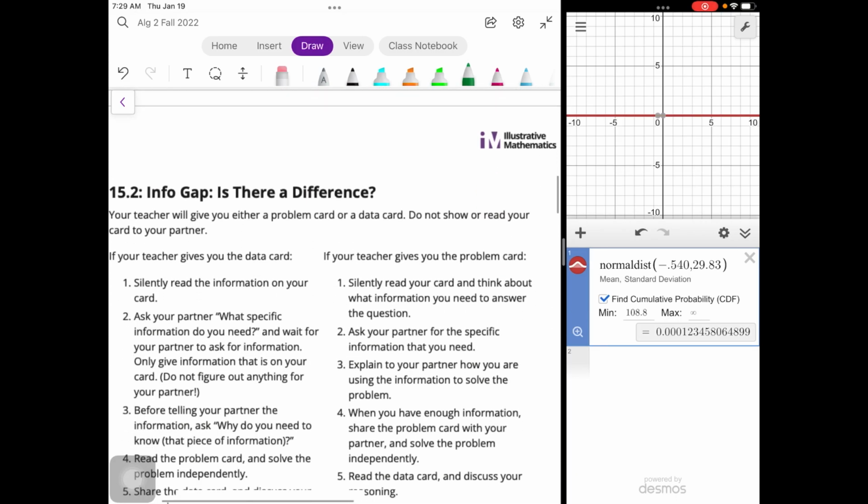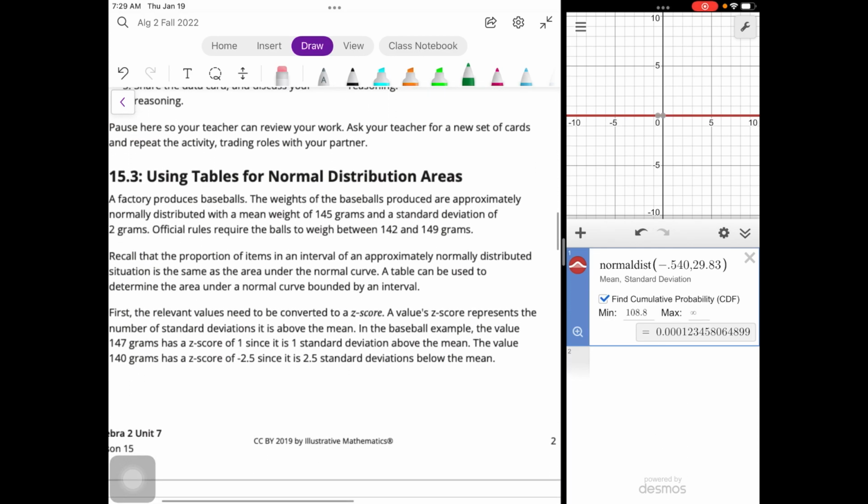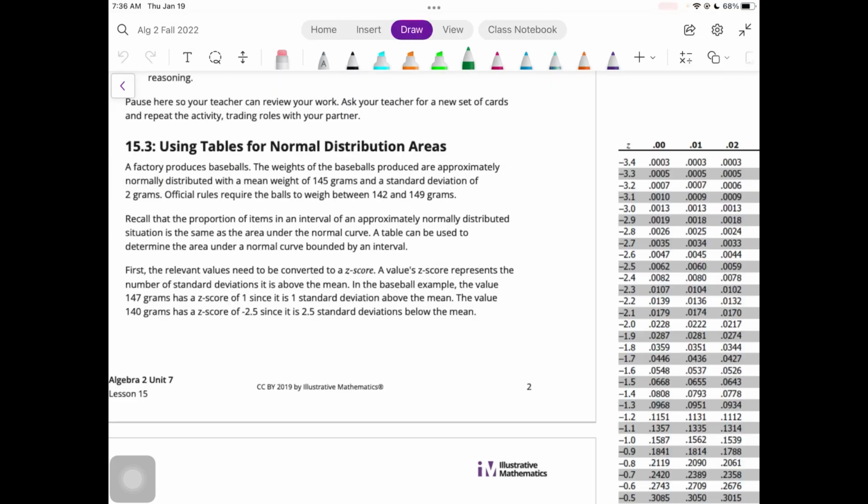All right, we are not going to worry about 15.2, but we will take a look at 15.3, using tables for normal distribution areas. A factory produces baseballs. The weights of the baseballs produced are approximately normally distributed with a mean weight of 145 grams and a standard deviation of 2 grams.